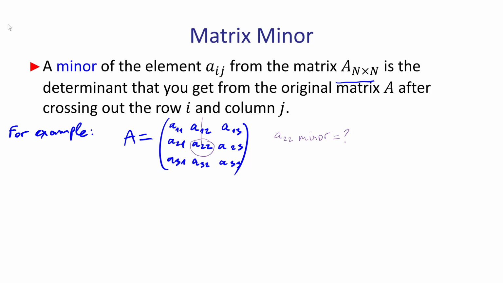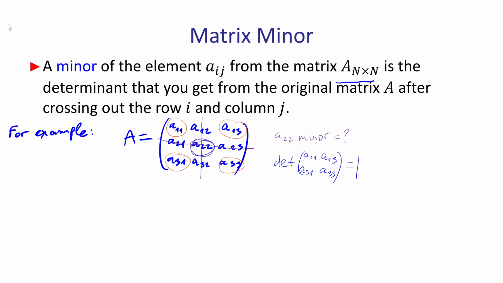We are crossing out row 2 and column 2, and you're left with a few more values. So those are values which are left in the matrix. You compute the determinant of that thing. So it will be determinant of A11, A13, A31, A33. So those are the elements which are left after you crossed out the row and column from this one.